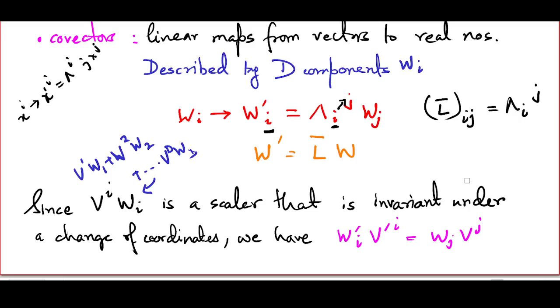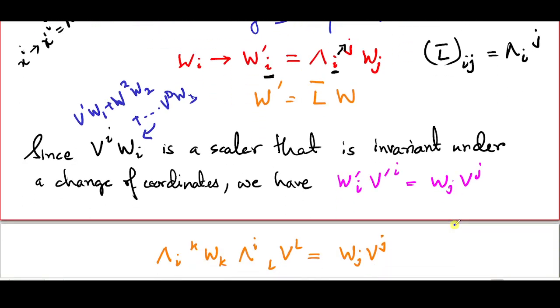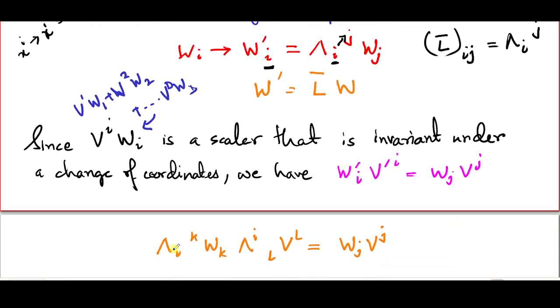Let us now work out the relationship between the two different kinds of lambdas that we have written so far, the relationship between the matrix L and the matrix L bar, by exploiting this particular demand. Note that w prime i is nothing but lambda i upper k wk.